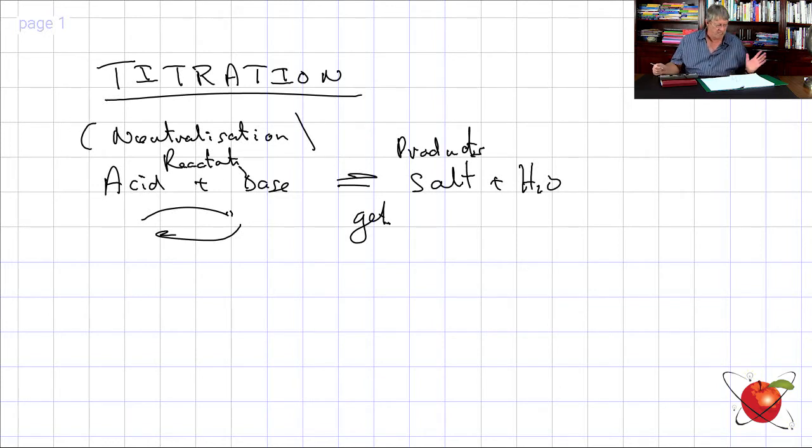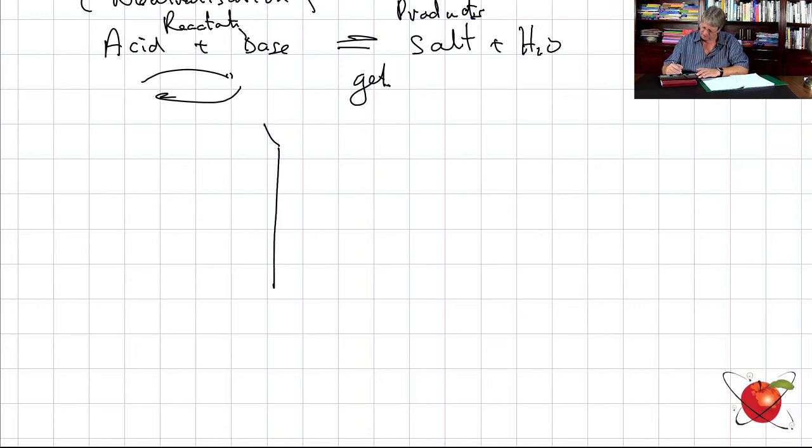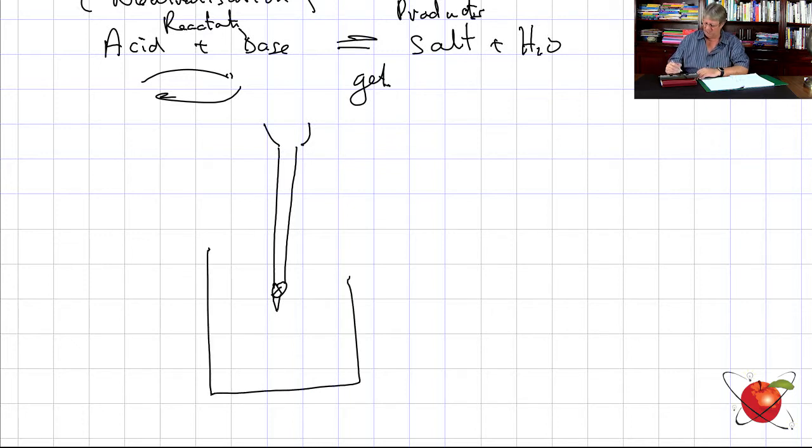Let's first of all talk about how we do a titration. What do we actually do? Well, in your notebooks you'll see a thing. It's like a tube. It's got a little tap over here and it comes to a little apex over there, and this is called a burette.